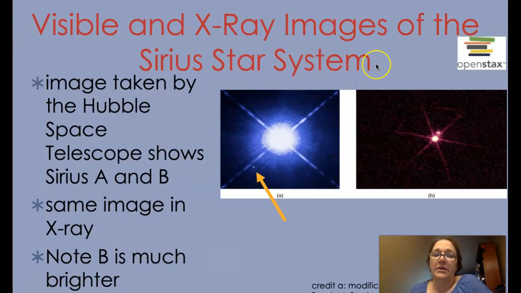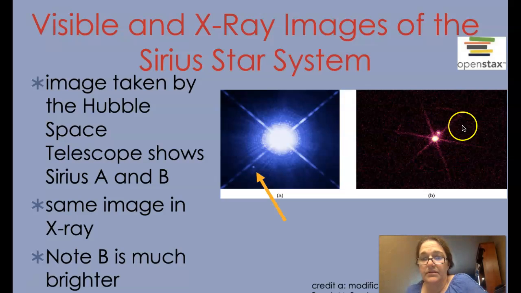So a couple of images. This image from the Hubble Space Telescope on the right, image A. Here is Sirius A and Sirius B. The same image taken in X-ray shows us Sirius A. Where did my Sirius A?